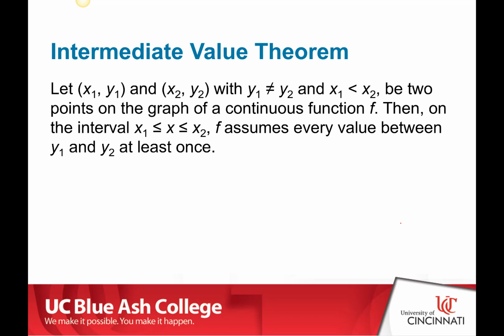Intermediate value theorem. This is cool. This is pretty straightforward to go after. Let's say that you looked at your speedometer at one point in time and you're doing 20 miles an hour. You looked at your speedometer a little bit later and you're doing 50 miles an hour.